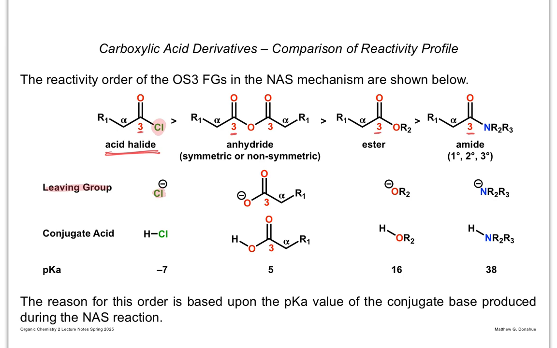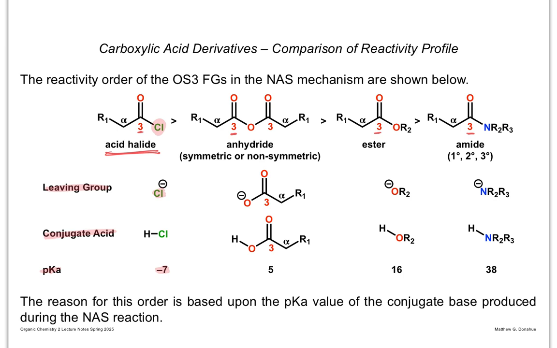If we look at the conjugate acid of Cl minus, it's HCl, and then we go to the pKa table and we see that conjugate acid is a really strong acid. Because of that inverse relationship, the conjugate base is really weak. That means Cl minus is stable. It's a good leaving group.